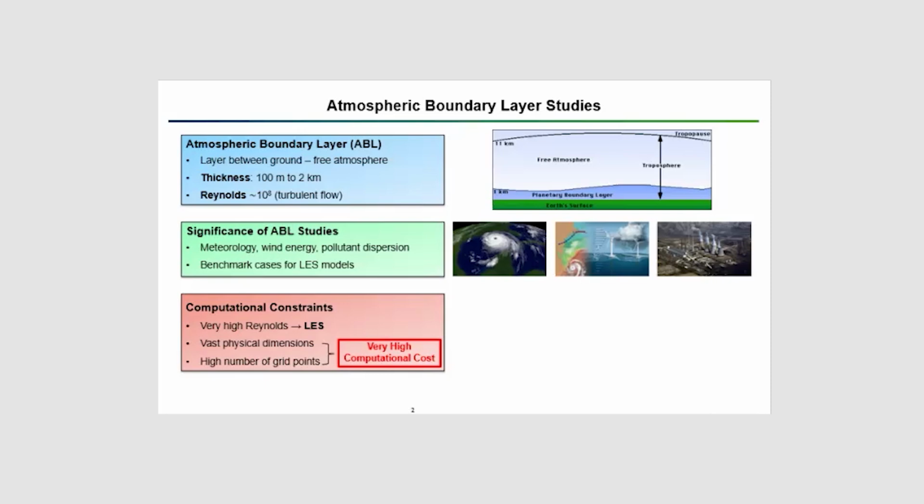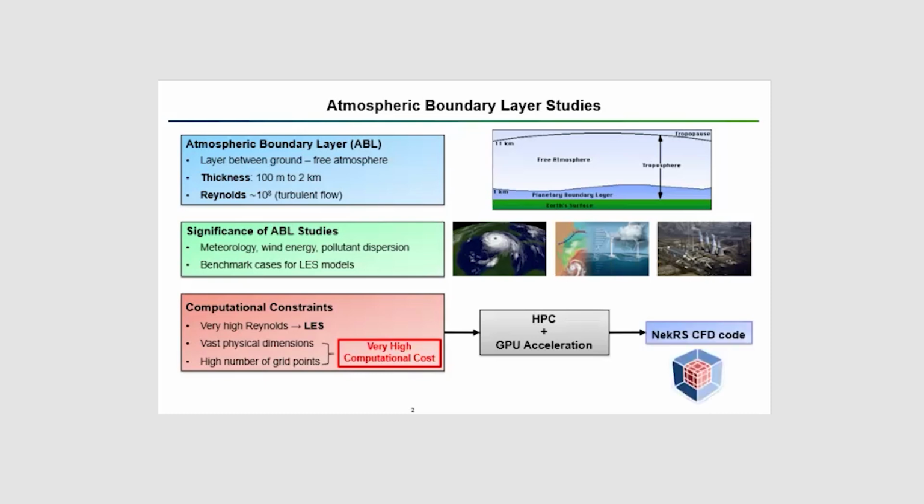And also, we are talking about huge length scales, so we have vast physical dimensions, and that leads to a very high number of total grid points, which of course leads to a very high computational cost. That can be dealt with the use of HPCs and their parallel computing capabilities, alongside, of course, the acceleration that GPUs offer to speed up solutions.